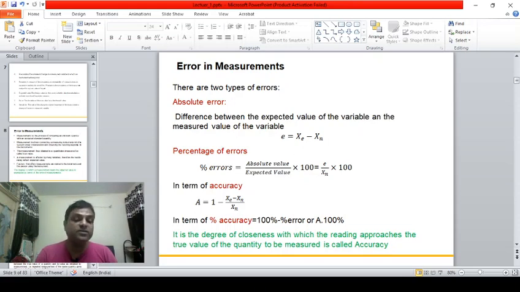So what is accuracy? The degree of closeness to which a reading approaches the true value of the quantity to be measured is called accuracy. It means how close our measured value is to the expected value; that is the accuracy of the particular instrument.